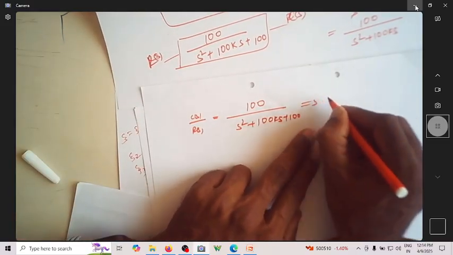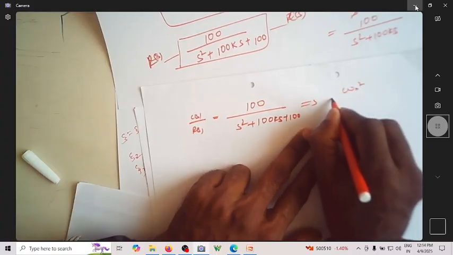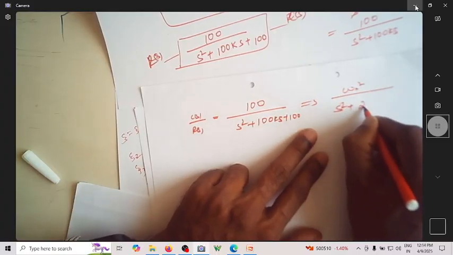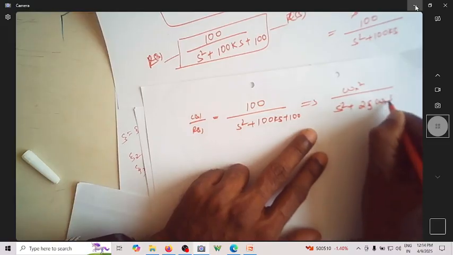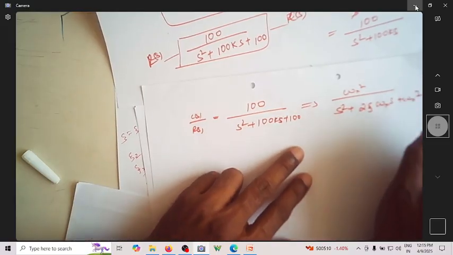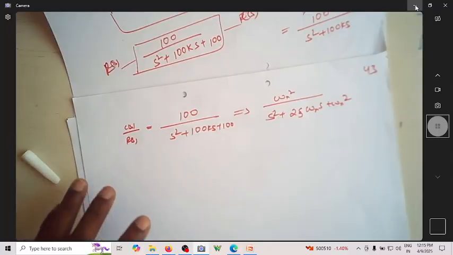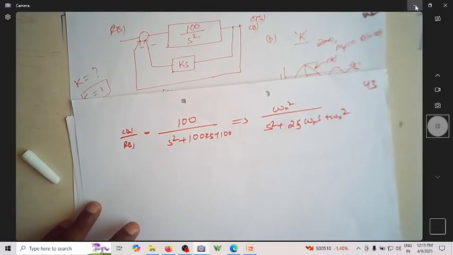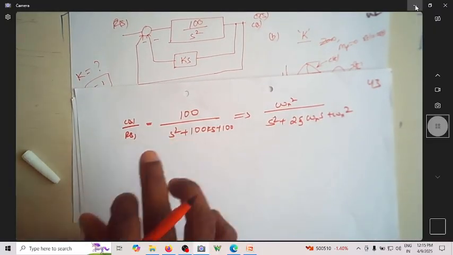Equate this to the standard form, omega n square by s square plus 2 zeta omega n s plus omega n square. This is the standard transfer function, and the particular transfer function you have for the system.